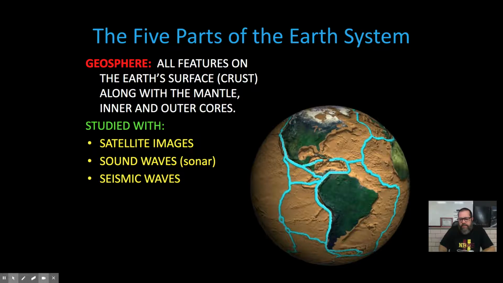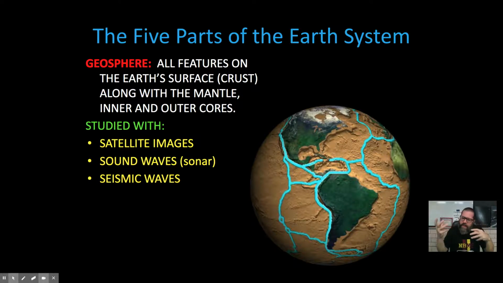Seismic waves are a really important idea in being able to study the geosphere, especially the parts of it underground that we can't see. We use a process called seismic tomography, where we actually use earthquake waves to get a picture.